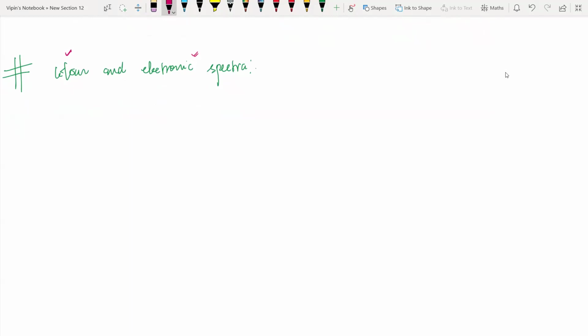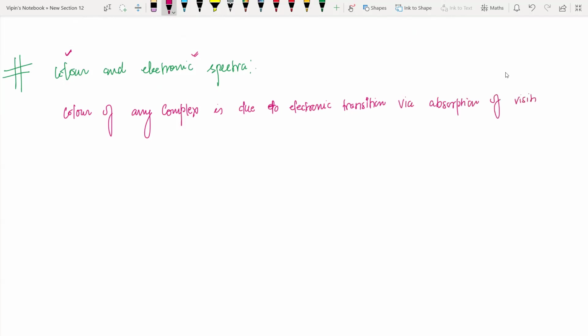So why color? The color of any compound or complex is due to electronic transition via absorption of visible light.